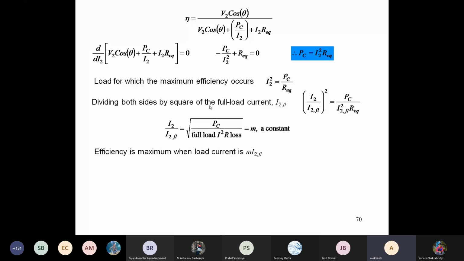M is found out as follows: the core loss is known from the no load test data. You can find out the full load I square R loss: the full load I you can find out from the rating, and R you can find out from the given equivalent circuit parameters, or from the short circuit test data. Then you can find out the full load I square R loss, and for which value of M this will occur.